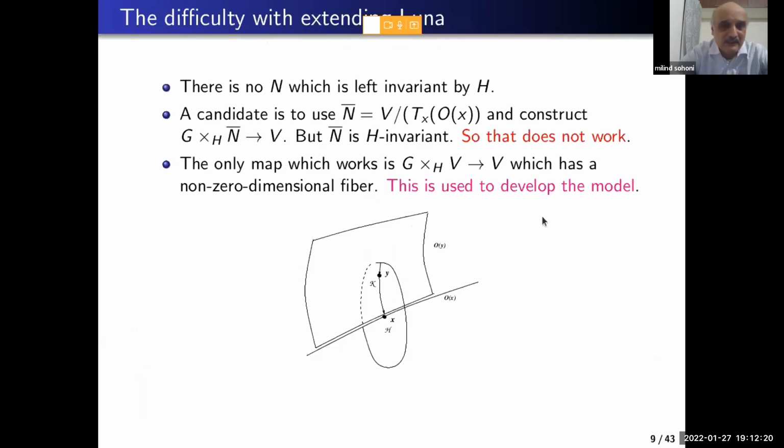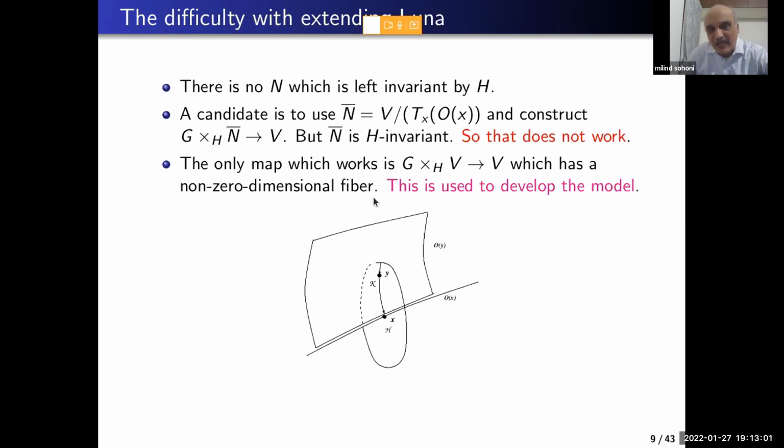But of course the difficulty in extending Luna is that when we have a general x, there is no such normal slice by which to take the quotient. One candidate is to use V, the ambient space, quotiented by the tangent space to the orbit, V/T_xO_x, which is an H-module, and construct G ×_H (V/T_xO_x), the associated bundle. But that will produce an N-bar which is H-invariant, and that is actually not true.